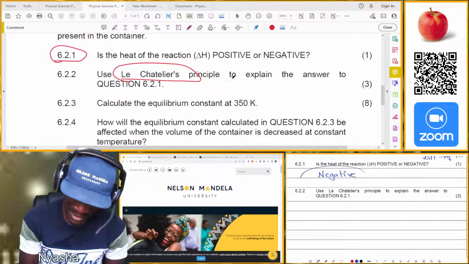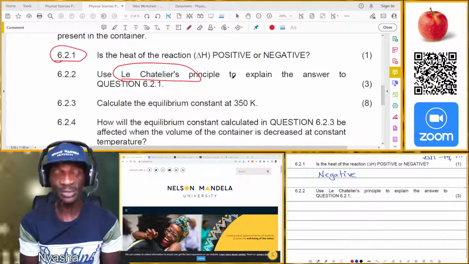So how do we then explain the negative delta H according to this principle?